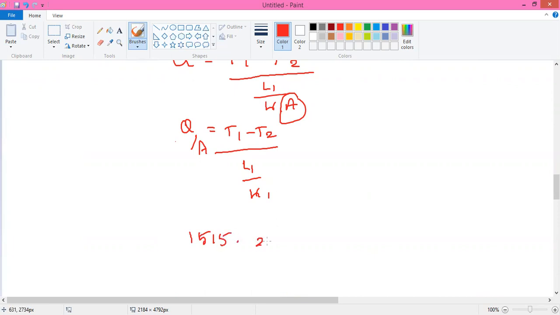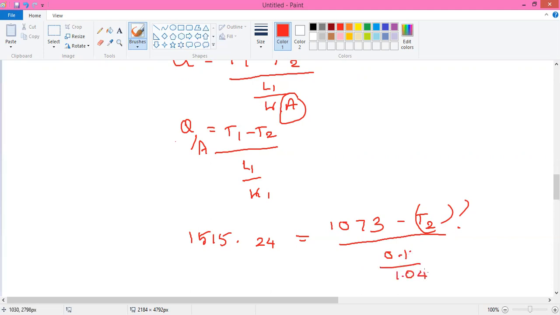We know the T1 temperature, the initial temperature, 800 degrees Celsius. We convert to Kelvin: 800 plus 273 gives 1073. T2 we do not know, so we find the T2 value. L1 is 0.1 divided by K1, the thermal conductivity, 1.04.